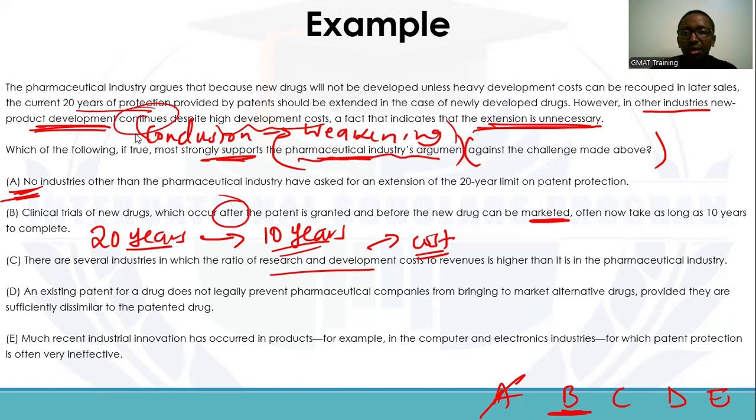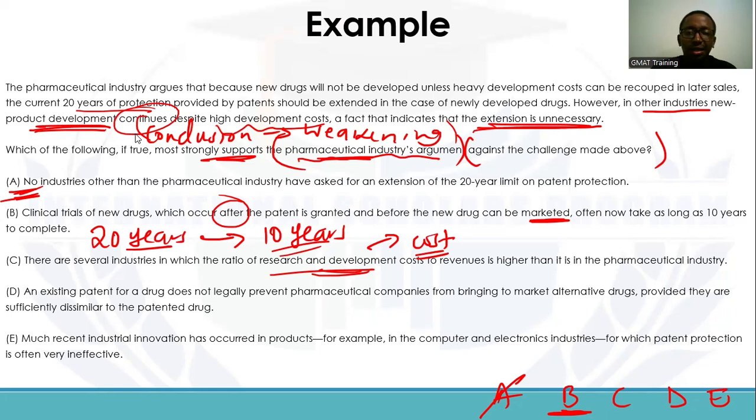So they continue developing new products despite high development costs. So this means that an extension for the pharmaceutical industry is unnecessary. And then our answer option here says several industries have a ratio of research and development to revenues higher than the pharmaceutical industry. So this again presents a scenario where we are comparing information in other industries versus information in the pharmaceutical industry.